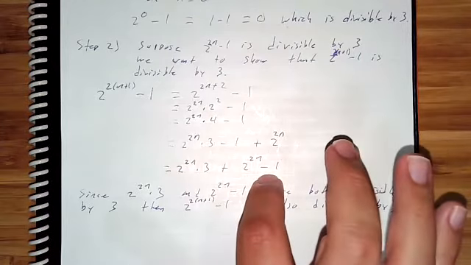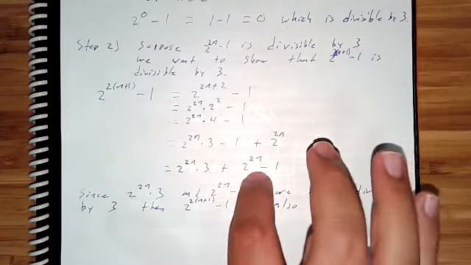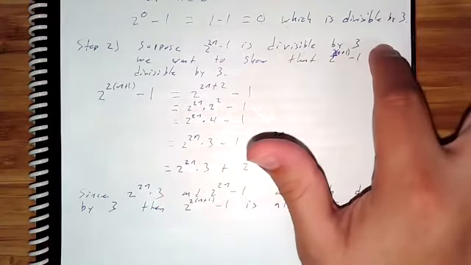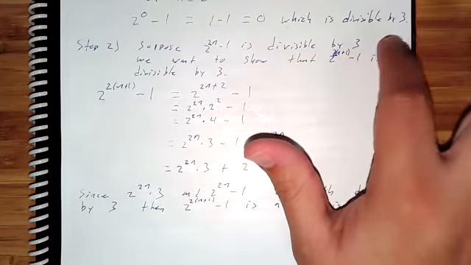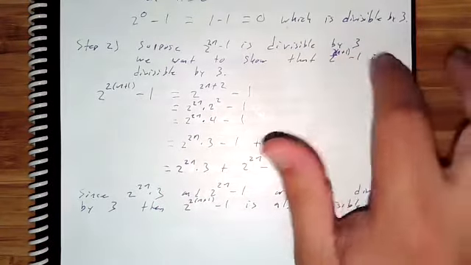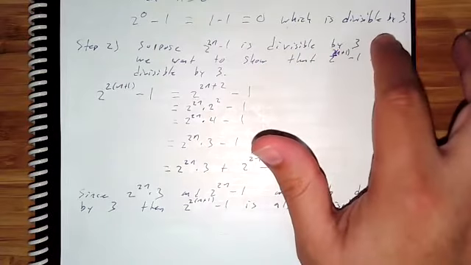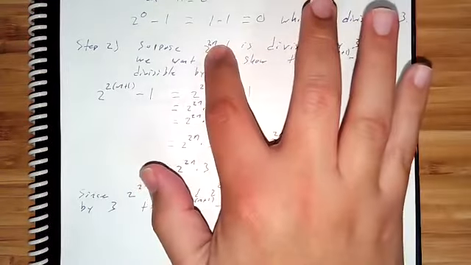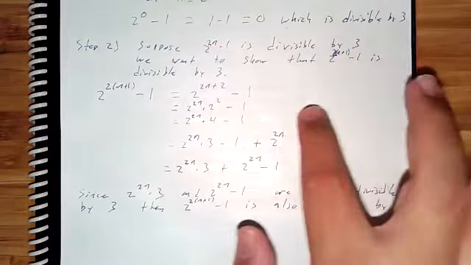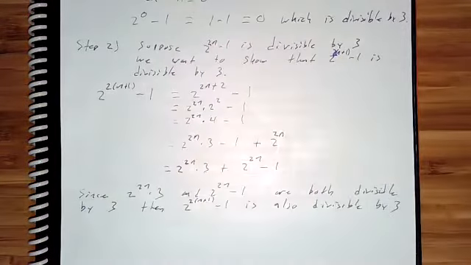This minus 1, we said, is divisible by 3 because we supposed that. That was our inductive hypothesis, according to the book. That's what it's called, right? Because we're supposing the n is true and we want to prove n plus 1. All right, let's see. Let's try another one.